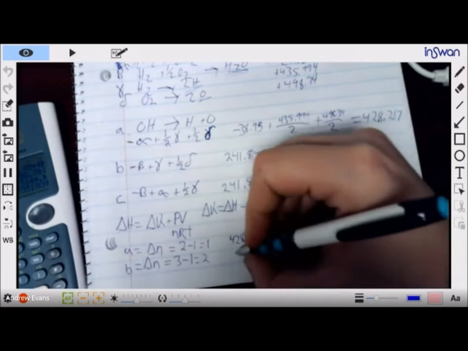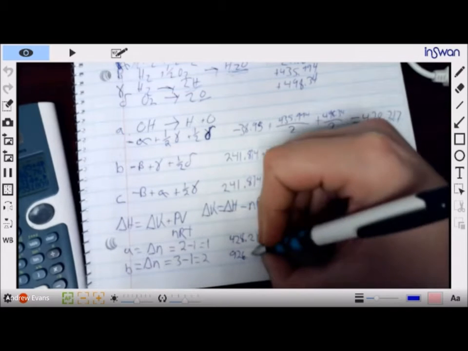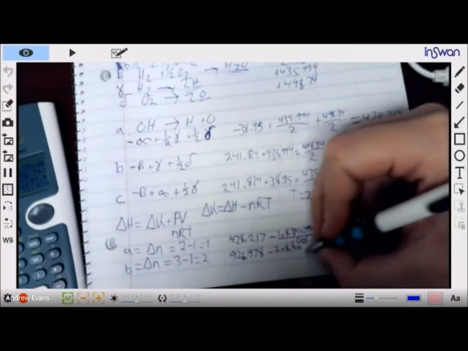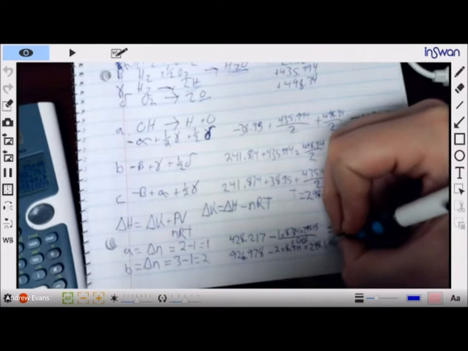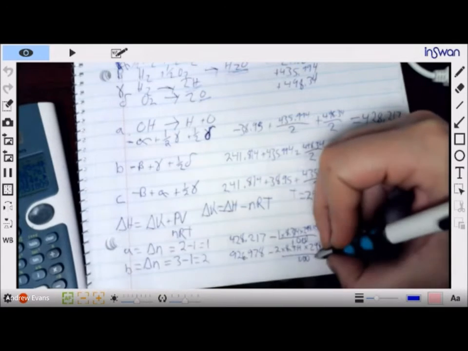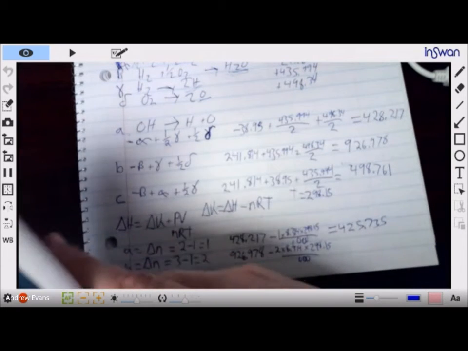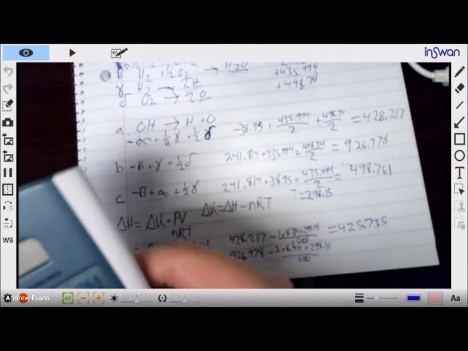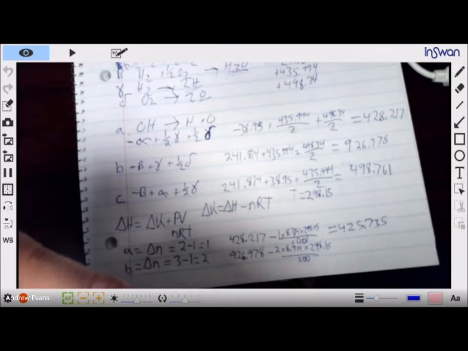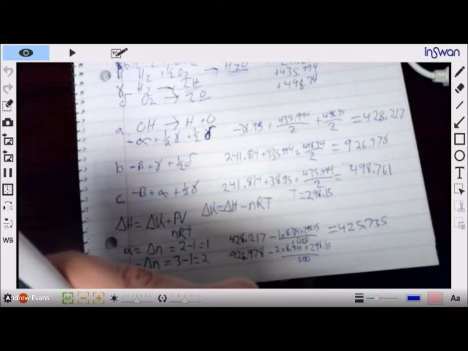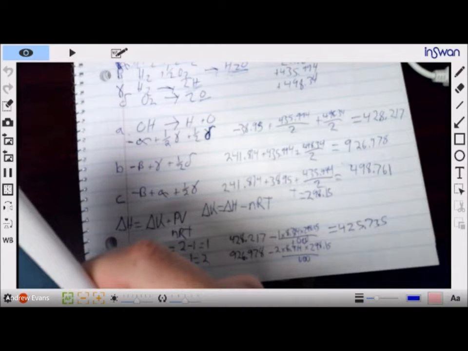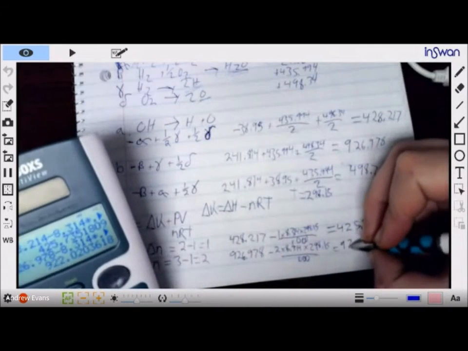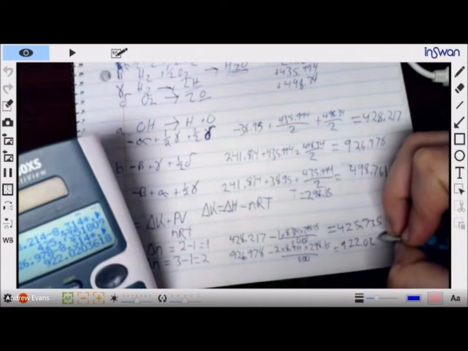So we're going to take our 926.978 minus 2 times 8.314 times 298.15 over 1,000. So you drop to 922.020.